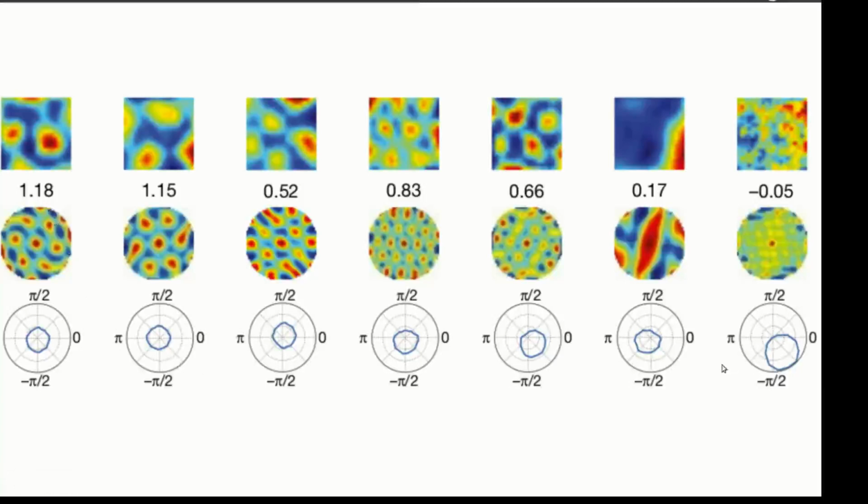Here you can see how the activation of this neuron correlates with the agent facing a particular direction. In this last one, the activation doesn't really correlate with any position in space, but it correlates a lot with the specific orientation of the agent.